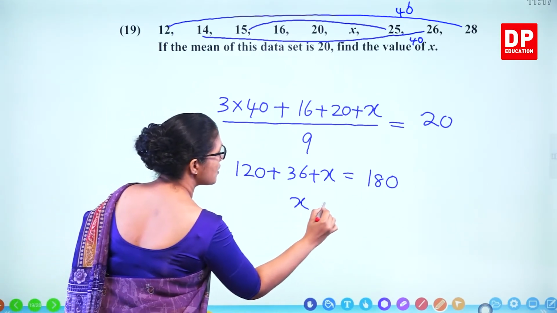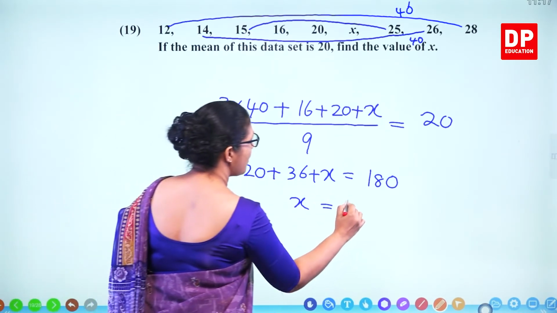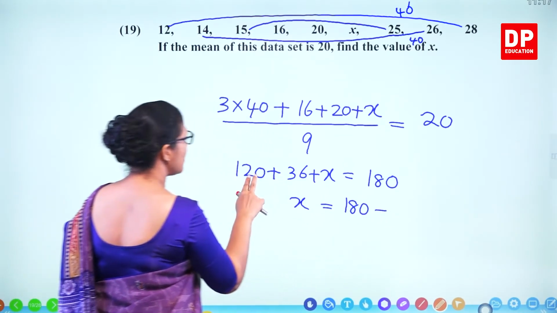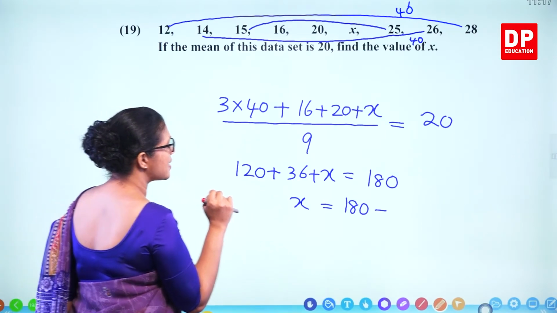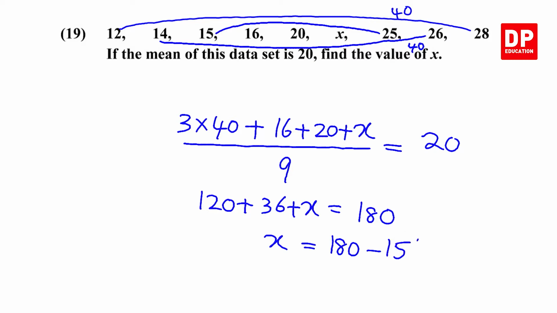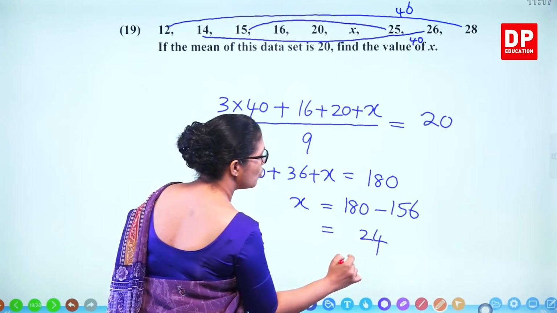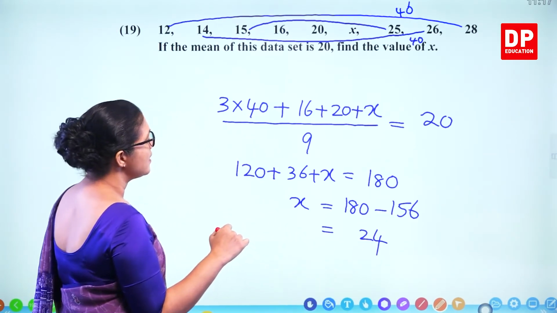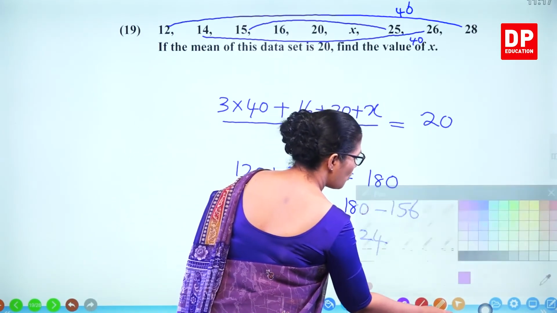So x is what? 180 minus 120 and 36, that is 156. So subtract 156. So 24 is the answer. So x is 24. 2 marks for that.